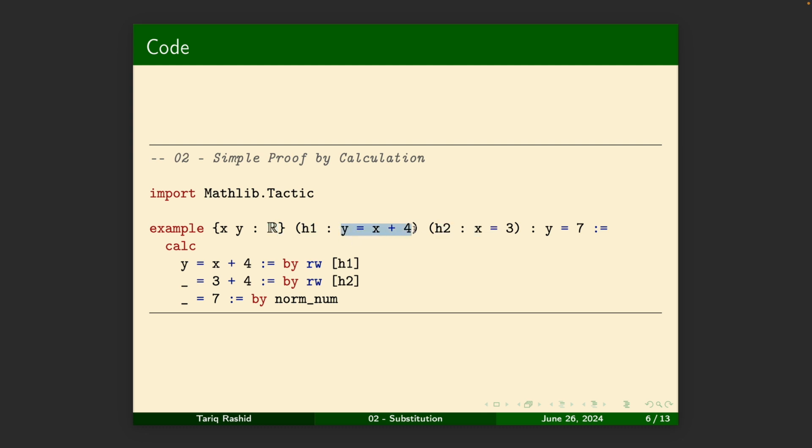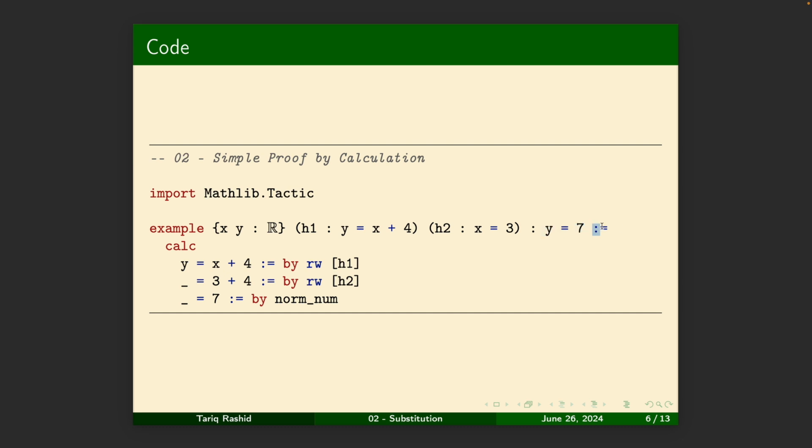We have y is x plus 4 and x equals 3. Those are the two things that we have to work with. And here they're labelled H1 and H2, hypothesis 1, hypothesis 2. You can name them anything you want. It's sensible to name them things that are intuitive. And then we've got the overall statement that we want to prove, the overall objective, y is 7.